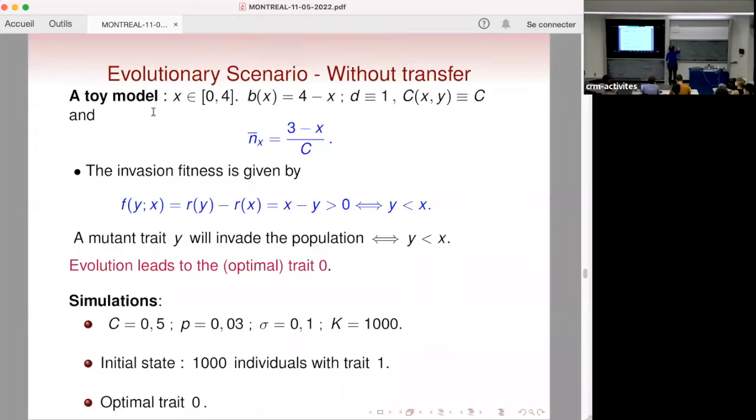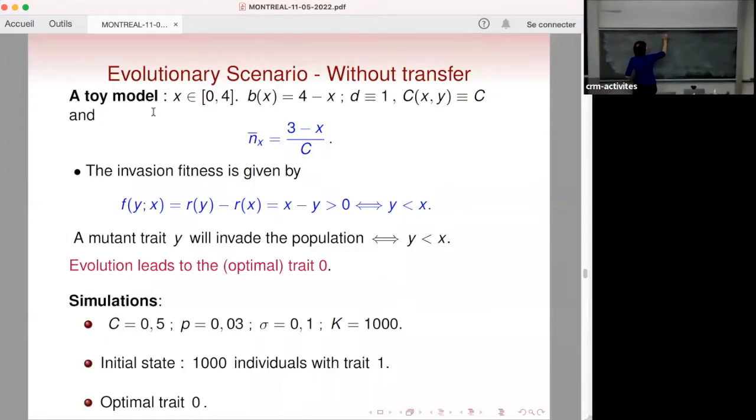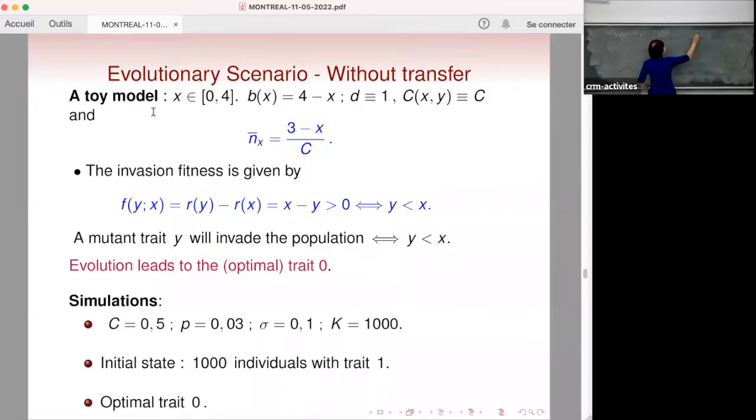And so remember that S of y x is equal to R of y minus C of x y times the equilibrium n bar x, and n bar x is equal to R of x over C of x x. We have seen that yesterday.